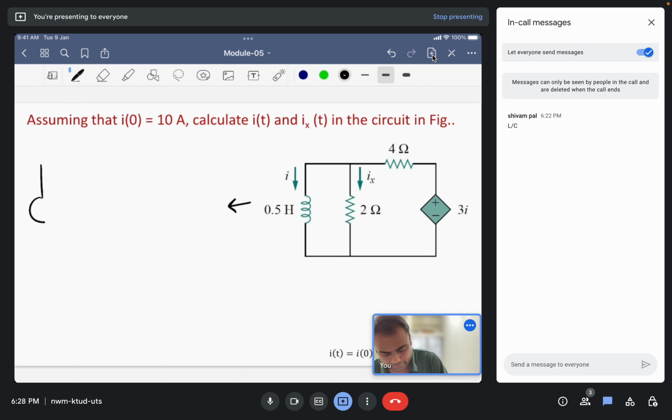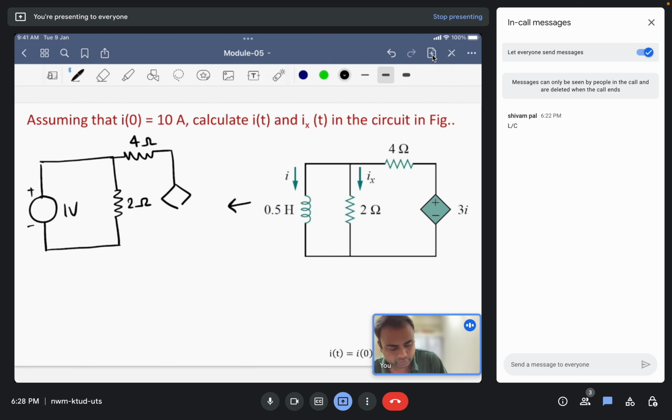We are exciting it with a voltage source, suppose a voltage source of 1 volt, and we have resistors, a 2 ohm resistor and a 4 ohm resistor, and also a dependent source 3I, where the direction of I is inwards of the current of the voltage source.